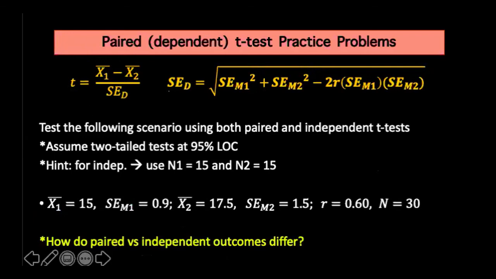You're going to calculate if you would have significance for a paired t-test, and then use this information as if you had an independent t-test and see how those outcomes differ, which is going to highlight the concept where I was saying a paired test is easier to prove as significant compared to an independent t-test. Okay. Any general questions on paired samples t-tests?